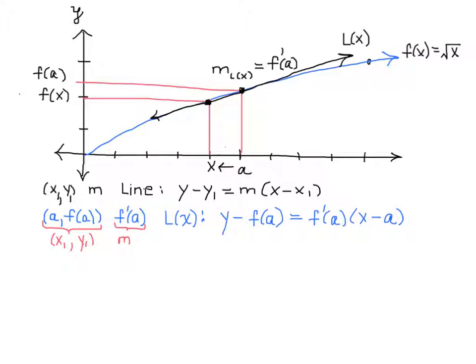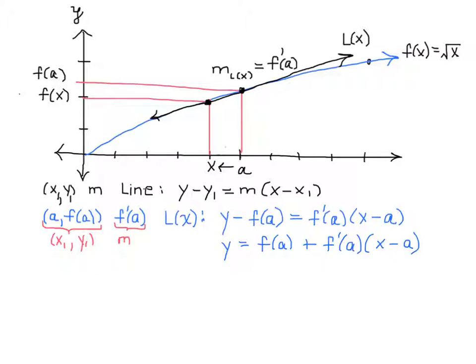Now, if we solve for y, we have y is equal to f of a, I'm adding f of a to both sides, plus f prime of a times x minus a.